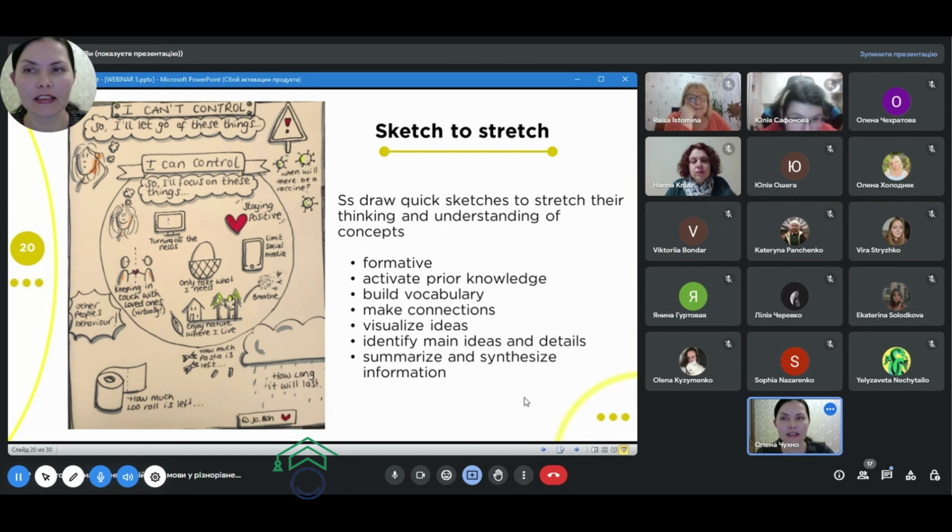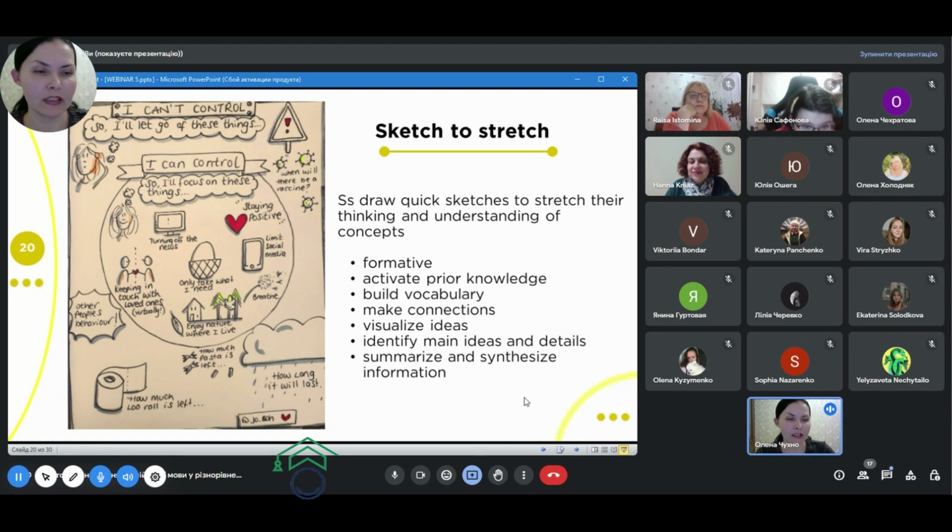The girl decides that she will let go of these things. And there are some situations which the girl can control, and she decides that she will focus on these things, like turning off the news, staying positive, limit social media, breathe, keeping in touch with your loved ones.